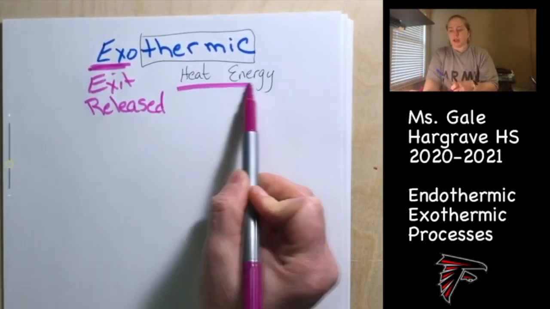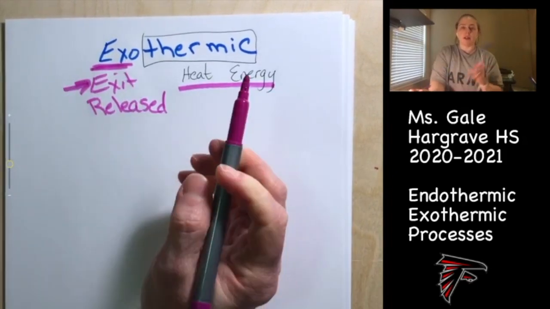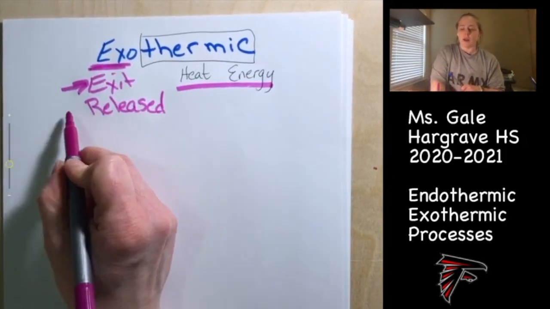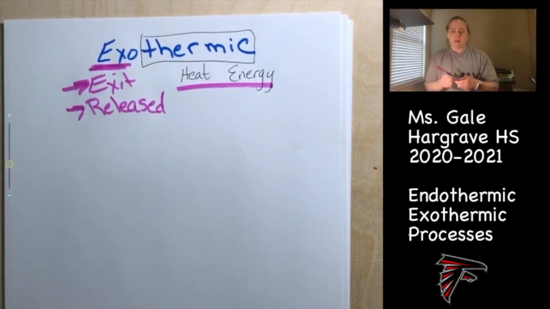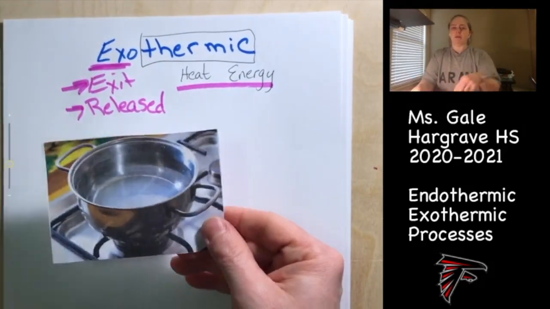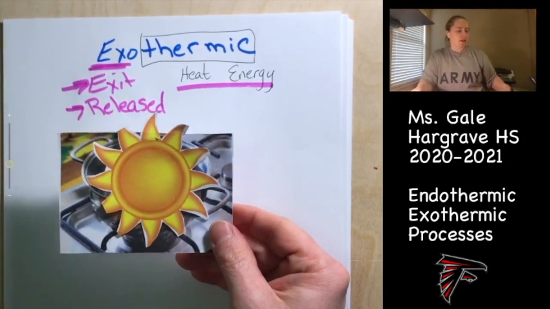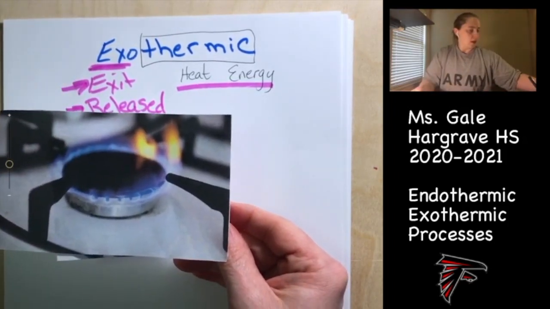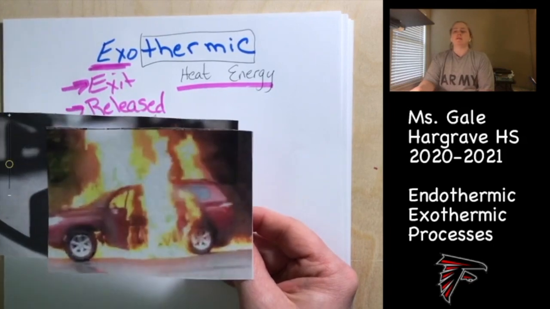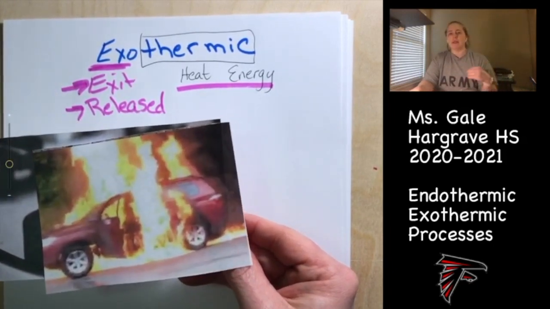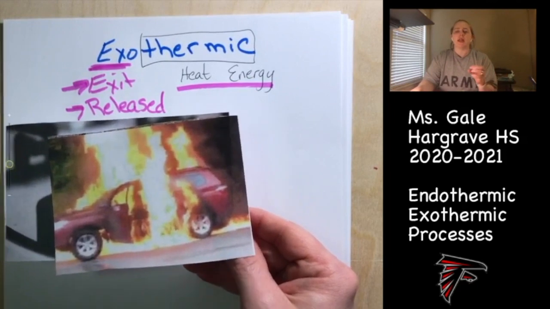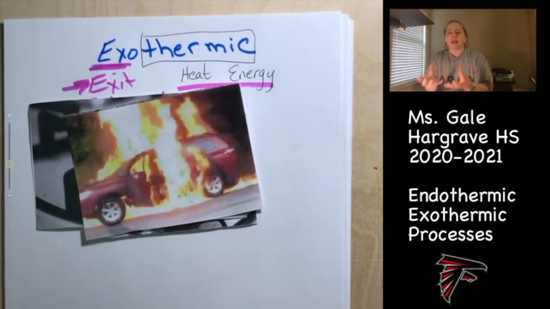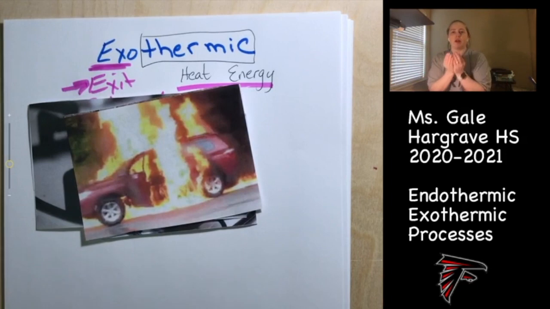So heat energy either exits, this is the way you can term it, or is released from a system. Again, a system can be a pot of water, can be the sun, can be your stove, can be a burning car. When we say system in science, it's just the object that we're referring to, that we are actually manipulating at that moment.